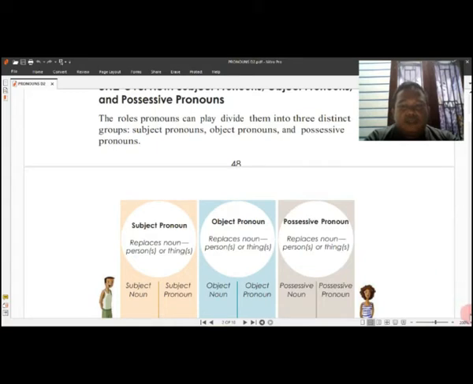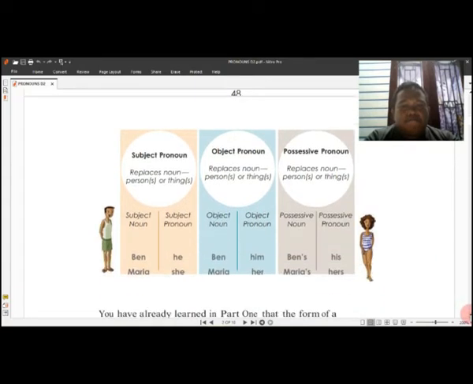You can see a picture here. Maybe we can call it a diagram. The first one is the subject pronouns, object pronouns, and also the possessive pronouns. All of them are replacing nouns. All the functions of the subject, object, and possessive pronouns are replacing a noun, whether the noun is a person or a thing.